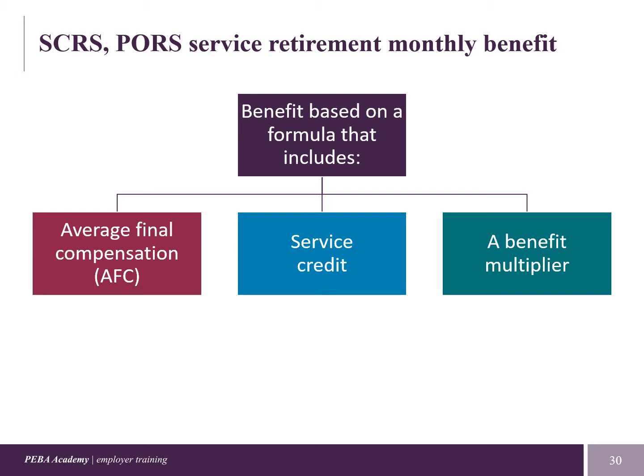The monthly service retirement benefit for SCRS and PORS members is determined by a formula that includes the member's AFC, their years of service credit, which includes years earned and years purchased if applicable, and a benefit multiplier as set by state statute.